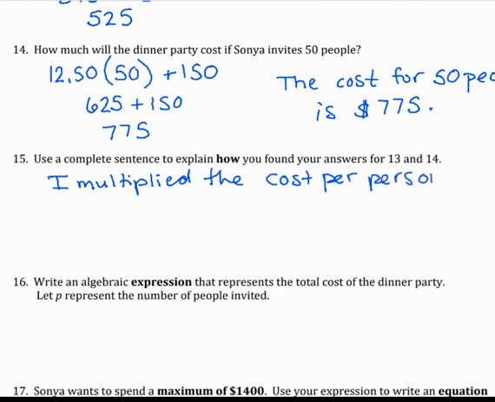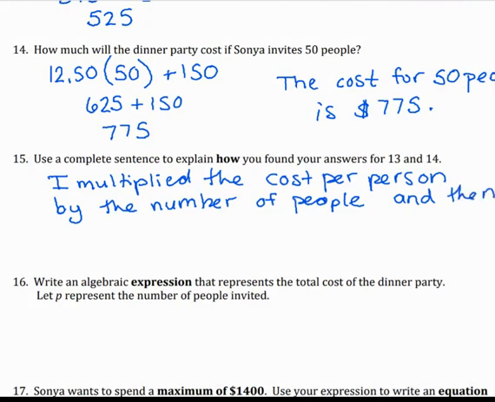So instead of saying $12.50, I'm using the words cost per person, okay? So I multiplied the cost per person by the number of people. Again, I'm not saying 50, I'm saying the number of people. I'm using words to represent what that number means. Once I did that, I then added the one-time fee.